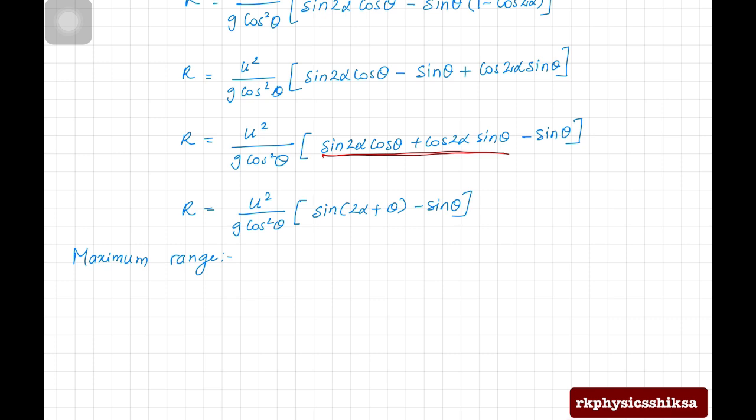What we need is this value of sine of 2 alpha plus theta should be equal to maximum, which is 1, for the calculation of the angle of projection, which is the alpha value, for which the projectile will have maximum range. That means 2 alpha plus theta should be equal to sine inverse of 1, which is pi by 2.